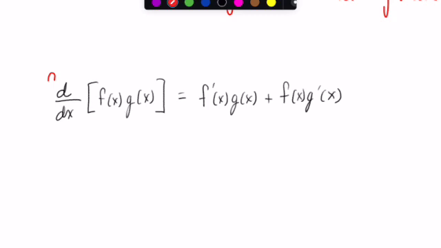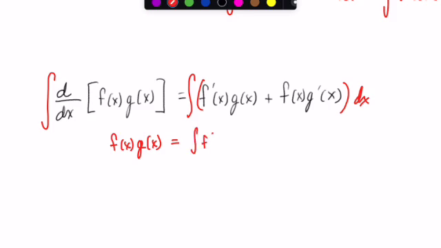Right? And notice what that gives you. On the left-hand side, it gives us f of x times g of x. And on the right-hand side, it gives us the integral of f prime of x g of x dx plus the integral of f of x g prime of x dx.